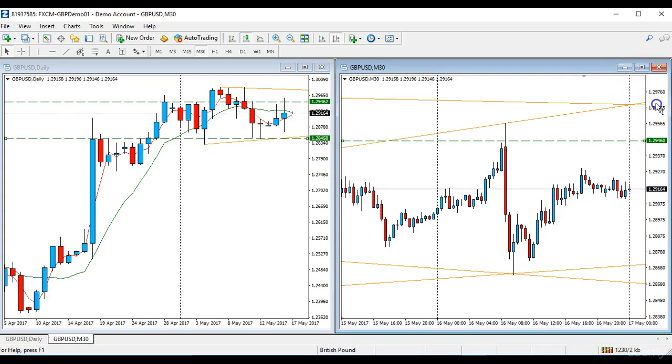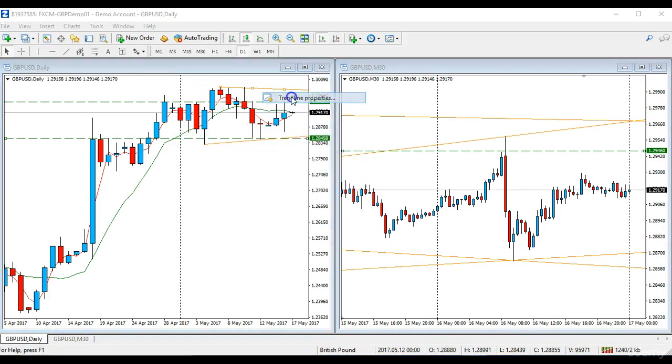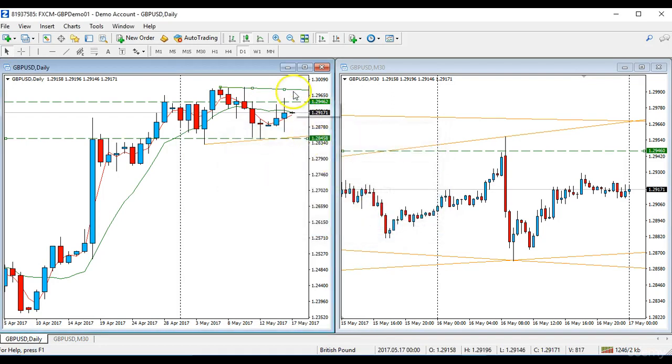So what we're doing is overlaying these higher time frame support and resistance levels and trend lines. Let me color these green. I always color green for my daily trend lines and support and resistance.